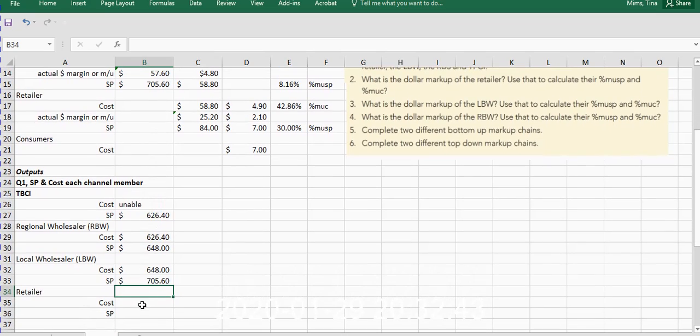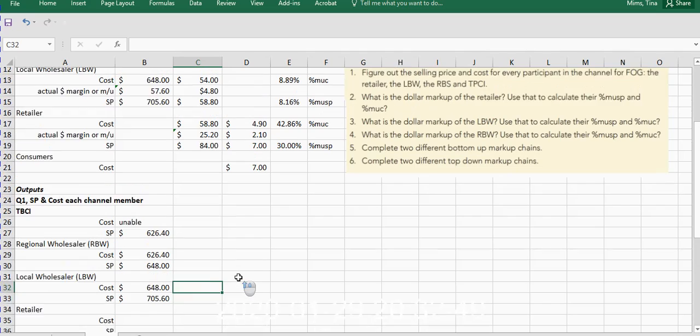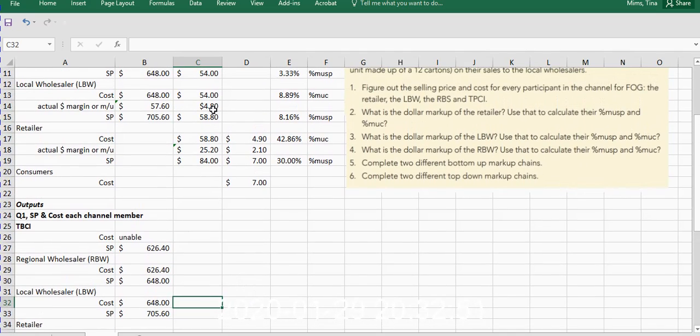So now here we have an issue. We need to now also have at the carton level the local wholesaler's carton cost. Let's get that. We could actually do it again here, dividing by 12. And the local wholesaler's selling price, we can do that here, dividing by 12.